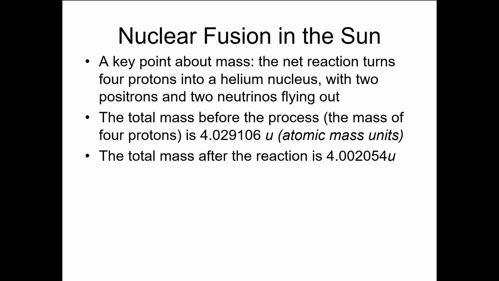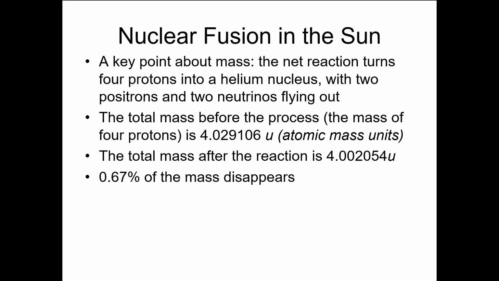After the process, the total mass of all the particles, the positrons, the helium-4 nucleus, that's basically what you have that you didn't have before, is less than that. It's 4.002054. So there's an extra 0 after the 4 before you get to the first non-zero digit.